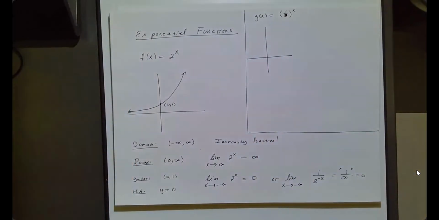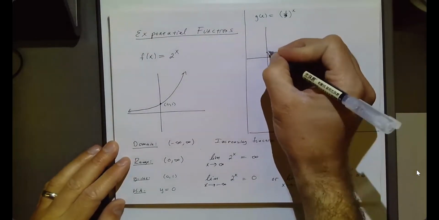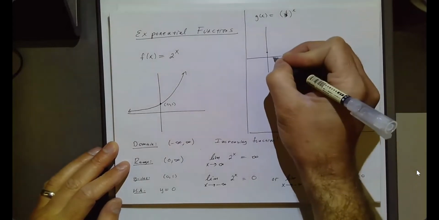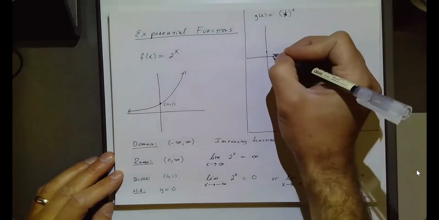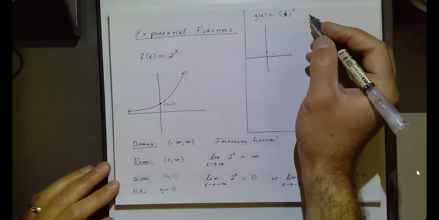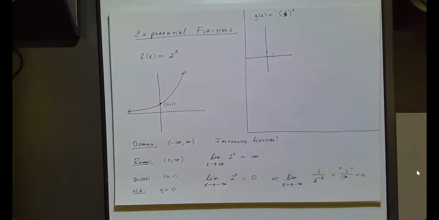You could plot some points. I'm going to mentally plot some points. So I know if I plug in 0 for x, 1/3 to the 0th power is 1. And I know if I plug in 1 for x, 1/3 to the 1 is 1/3. And if x gets larger and larger, my overall values can get smaller. 1/3 squared is 1/9, 1/3 cubed is 1/27, right? Every time I multiply 1/3, my value gets lesser.